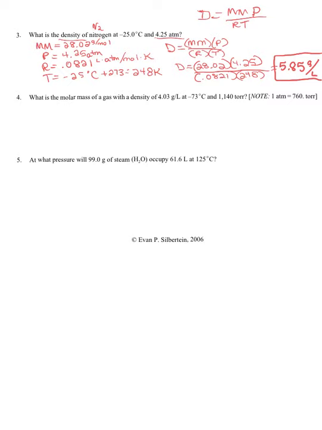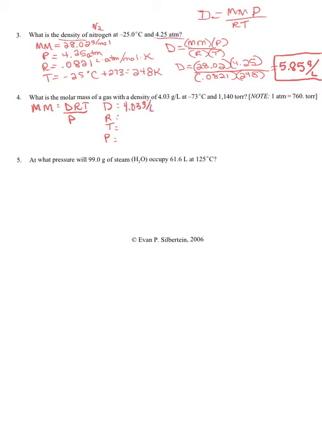Next, what is the molar mass of a gas? So I look at my equations. My equation for molar mass is density times R and T all over P. So I set up a table, D, R, T, and P. D is 4.03 grams per liter.